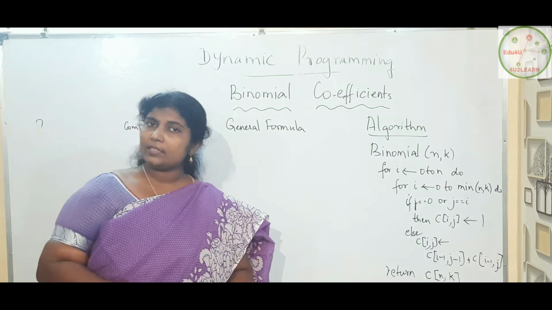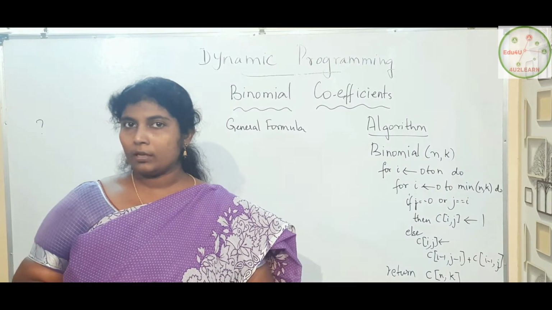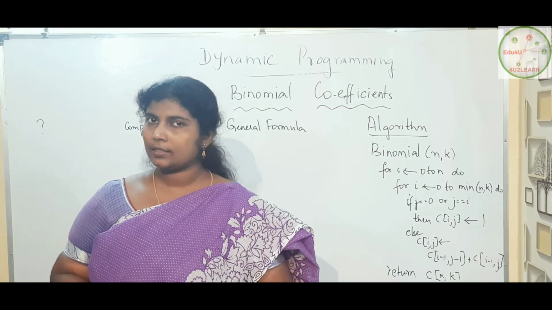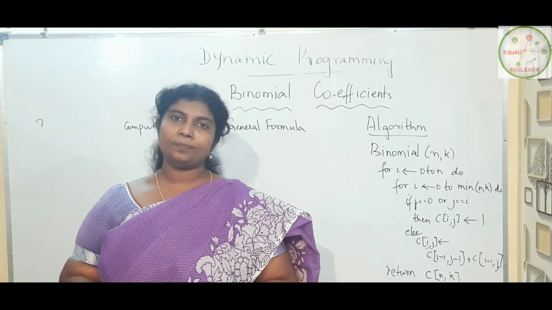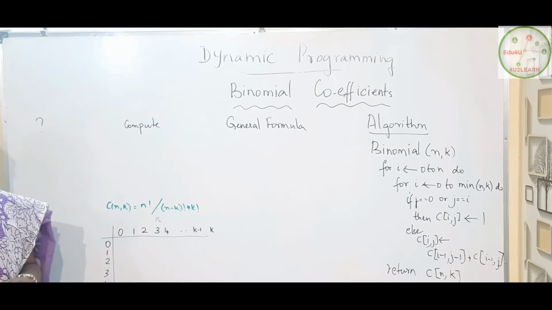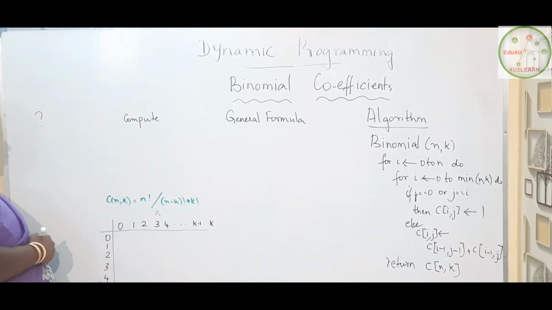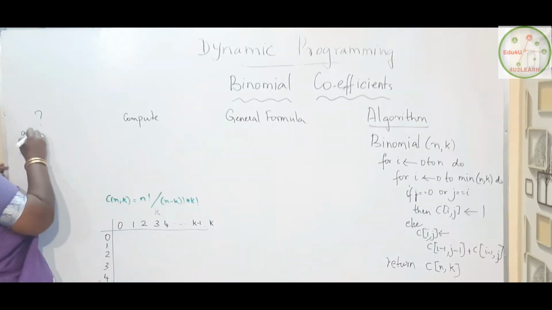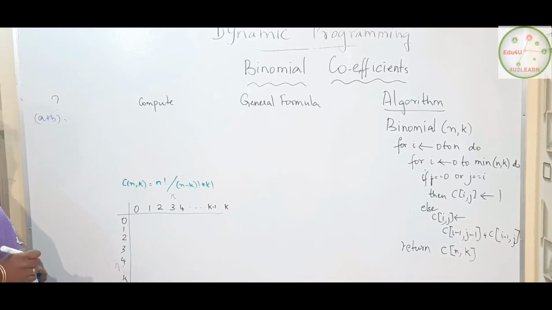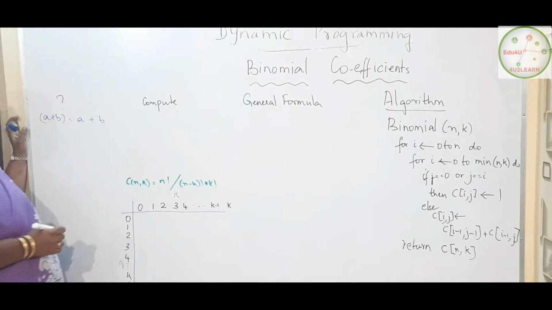Today we will look into what the binomial coefficient is, and how we are going to solve it using the dynamic programming strategy. Without wasting any time, let us quickly go into what the binomial coefficient is. In school, we know a plus b is nothing but a variable a plus a variable b.